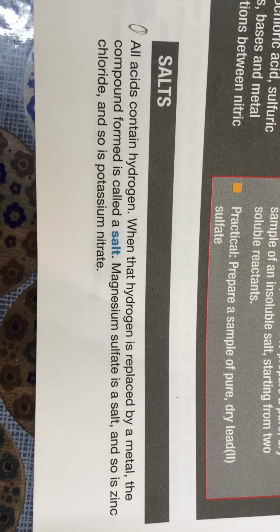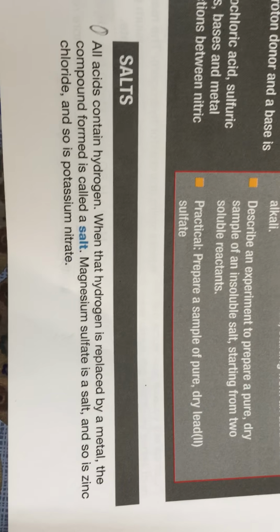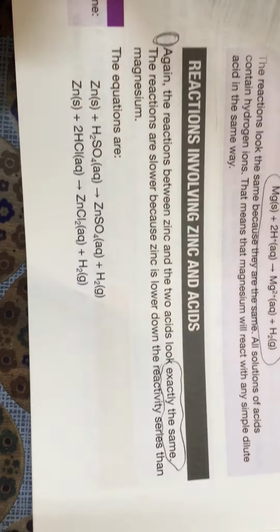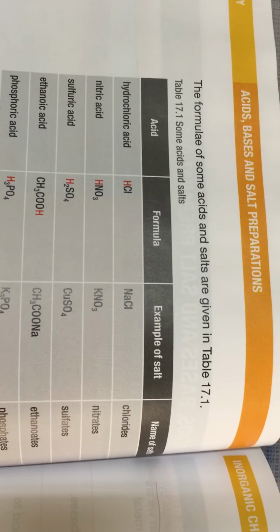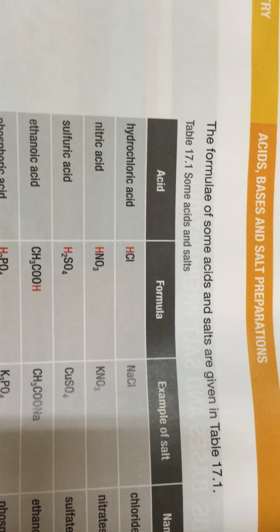So this is the salt definition. Also you have to know that salt comes from a neutralization reaction between acid and base. It is not new information, but you have to memorize it well, that all acids contain hydrogen.